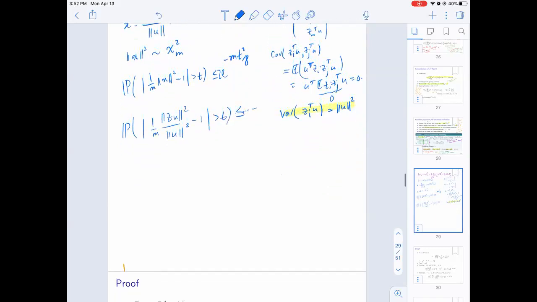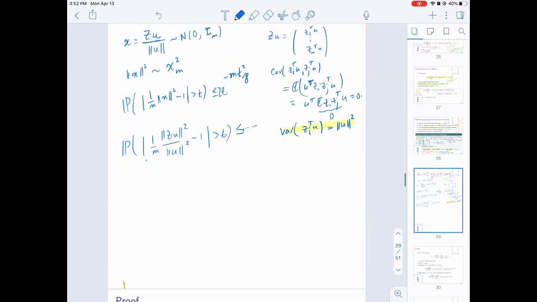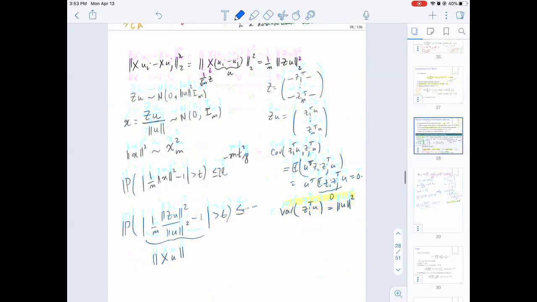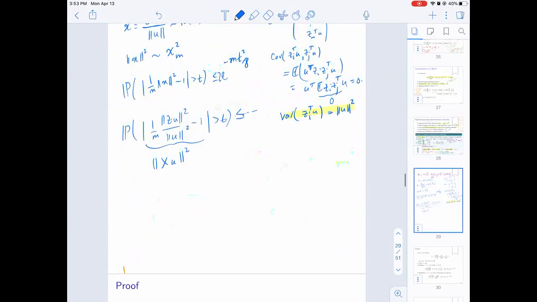Correct? Yes. And then 1 over m times z is x, so this is just going to be x u. This is my capital X, 1 over the square root of m times z. Yes, but this is still correct.